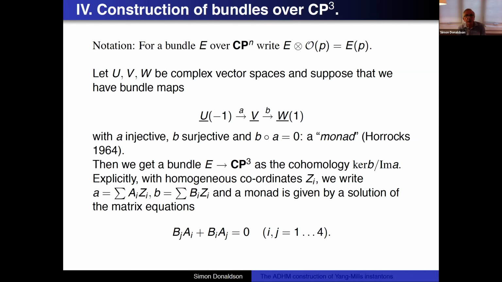The condition that the composite B with A is 0 is just that when we take Bj Ai plus Bi Aj it is 0 for all pairs i, j. So these monads just correspond to solutions of a rather explicit set of matrix equations for a collection of matrices, the A's and the B's.